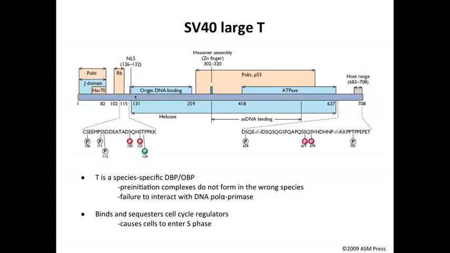For example, we know that the T protein helps to recruit polymerase alpha to DNA. And you remember polymerase alpha is involved in making the early primers of DNA replication, the short DNAs. And Pol alpha, of course, interacts with primase to do that. SV40 T interacts with Pol alpha in these two regions.